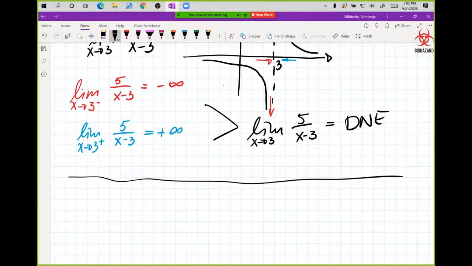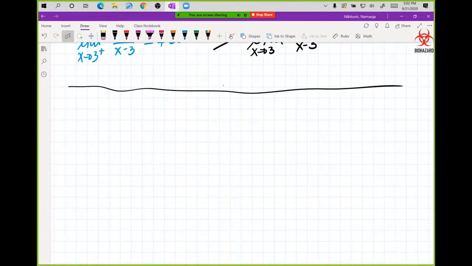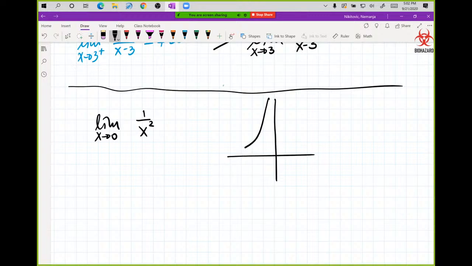What if we have both of them go the same way? Well, in that case, let's say the limit of 1 over x squared as x goes to 0. So here, that's the graph. Think about this for a second.